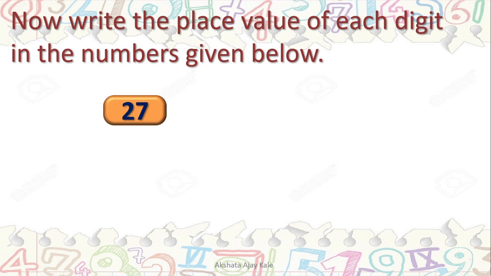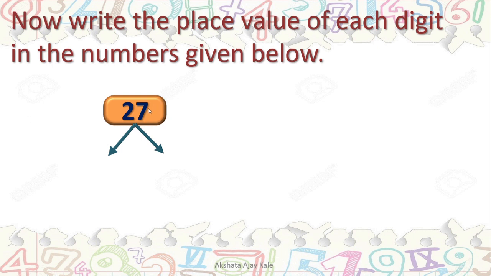You know the place values, right? 7 is in unit place and 2 is in tens place. Isn't it? Always to the right side, that is unit place, to the next of unit is tens place. So the values of these digits depend on the places they are in, right?